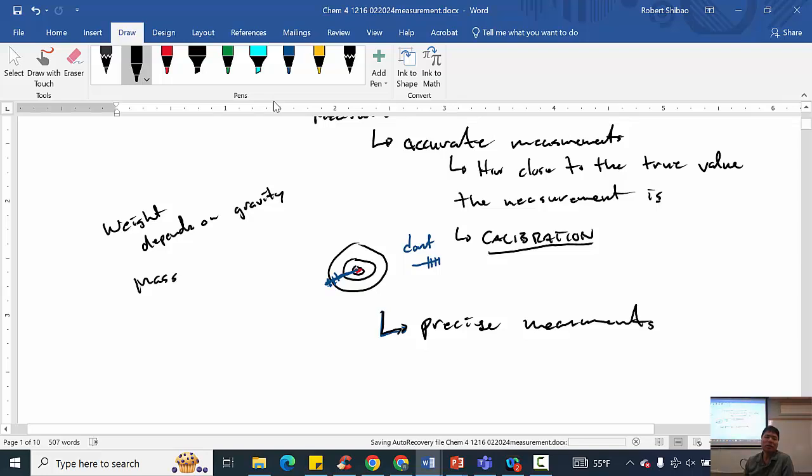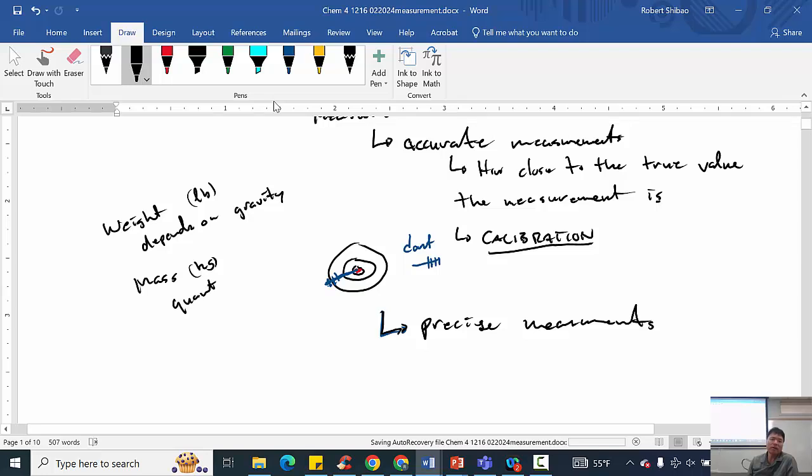Mass doesn't change. And so if you want to know how much gasoline you purchased and you're getting the correct amount, then you want to know how much mass, how many kilograms. Weight is usually in pounds. Mass is normally in kilograms, and mass is the quantity of matter.